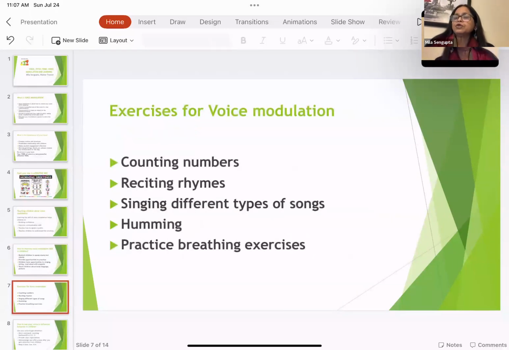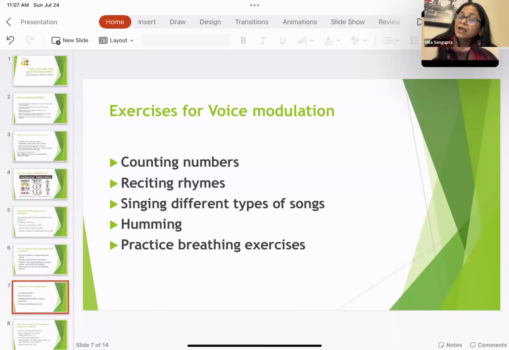Exercises for voice modulation. What are some of the things that you can do for helping the children? So make it part of your classroom schedule and routine for the children, like counting numbers. Use different songs. You can get them from Google or YouTube. You just put in the subject, like counting songs on YouTube for early young children.